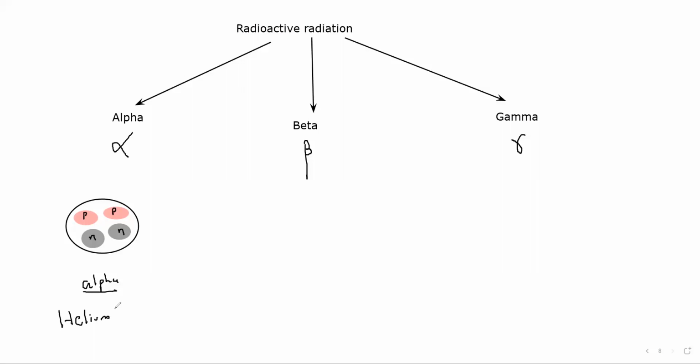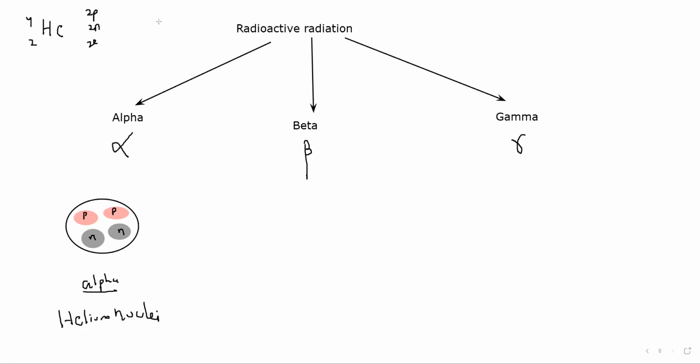Why do we call the alpha particle a helium nucleus? Because it resembles the nucleus of helium. Because what is helium? Helium is He, which is 4 and 2. So when we write, it contains two protons, two neutrons, and two electrons.